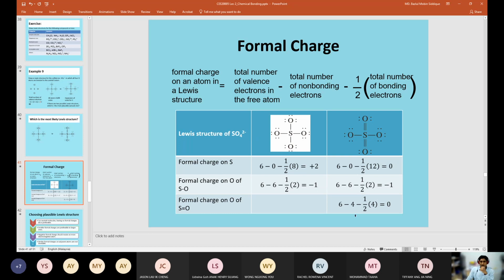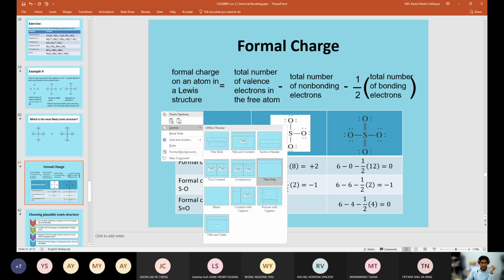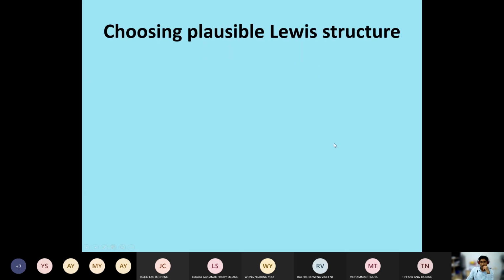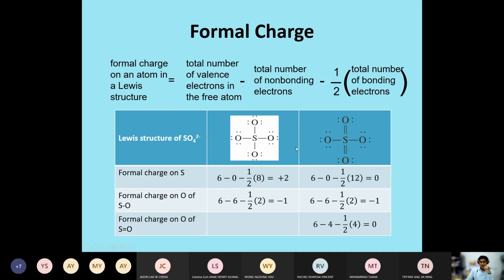All right, so for the formal charge for these 2 atoms, everything is set up. The time is running out. Okay, so for these 2 possible structures, the formal charge we see here for this sulfur is positive 2.